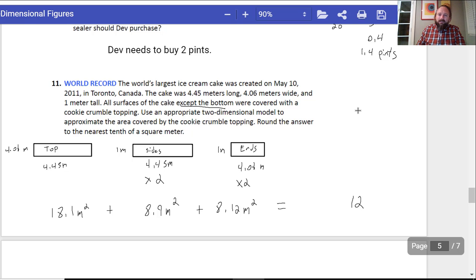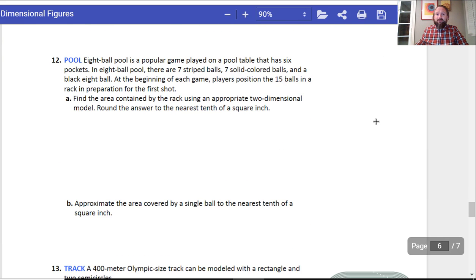We get 17 plus 18, 36, 35.12 meters squared. So we had to think for a second and be like, all right, how many sides do we have? We have the top, the two sides, the two end pieces, but not the bottom. And there we go. All right, one more question, and then we're left with you guys to finish it up.